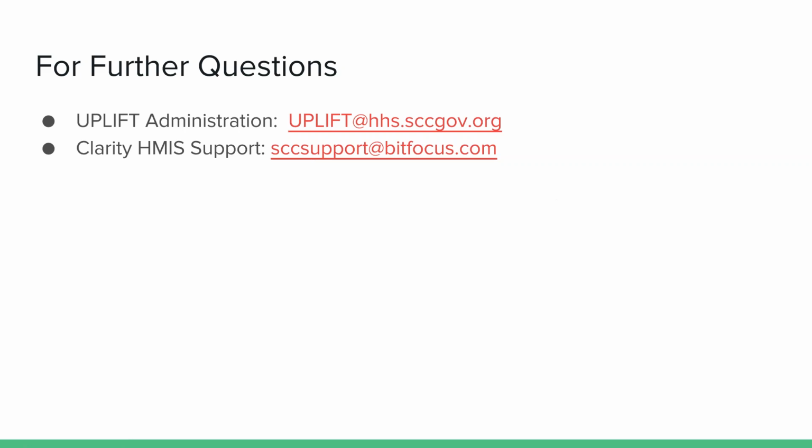Although one thing I'll note is that in the email that asks for your HMIS UPLIFT lead contact, there is also, I believe, a question that asks which users at your agency are authorized for UPLIFT. So just make sure that your name is listed there to be extra sure.